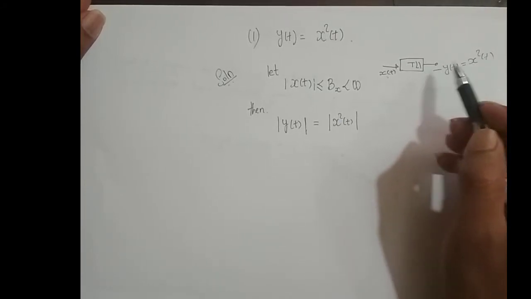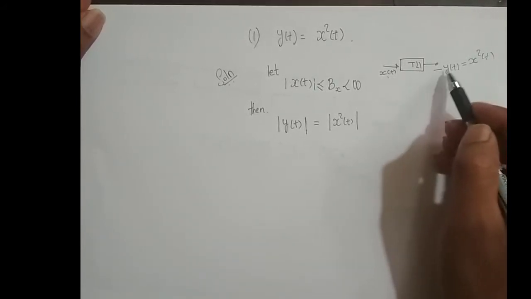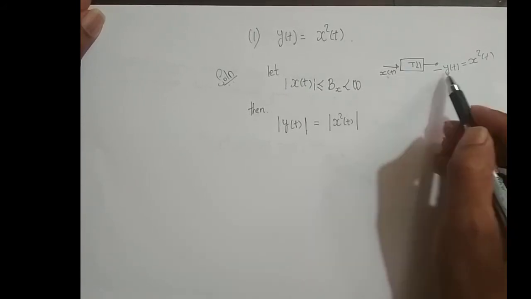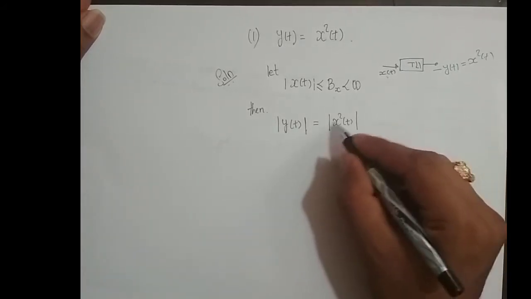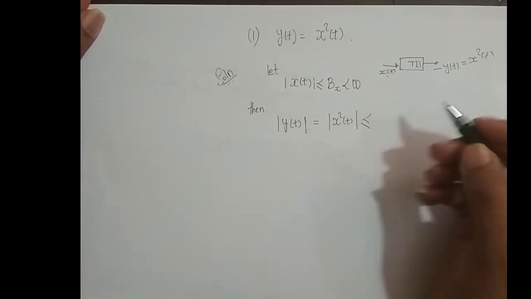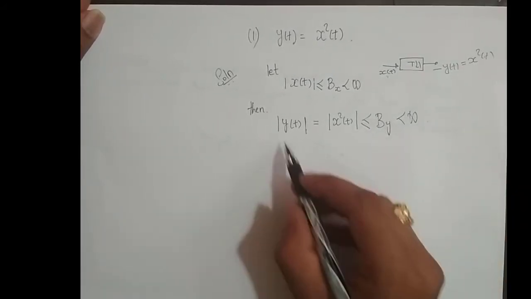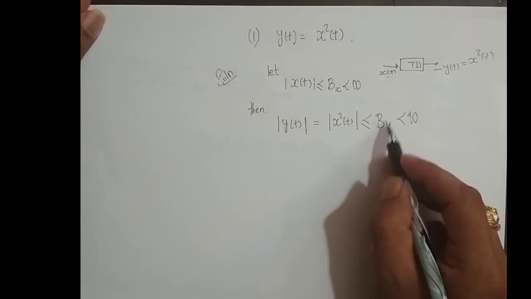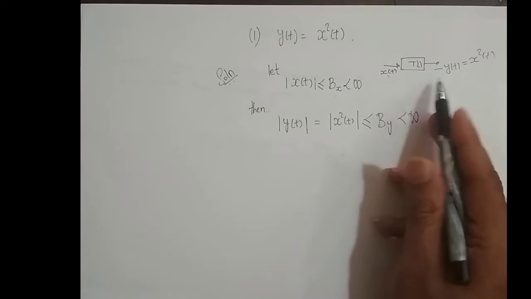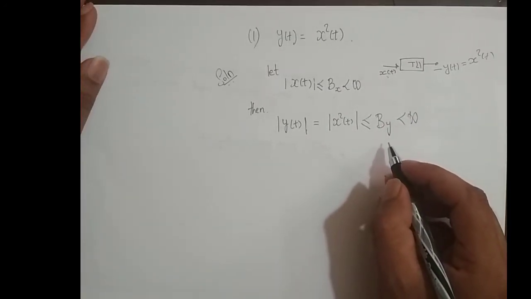So we can claim that the output from the system is bounded, right? For every bounded input, I am getting bounded output. The magnitude of y(t), which is the magnitude of x²(t), is always less than or equal to By in this system, and that By is less than infinity, right?